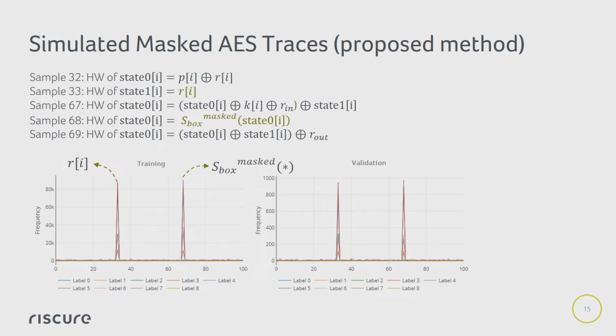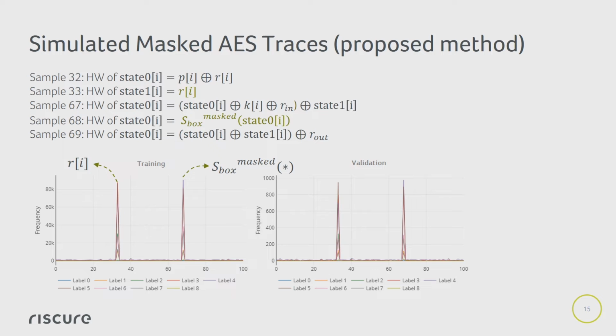Let's say this is a masked AES, where the mask values and the S box masked output are placed on samples 33 and 68. If you attack considering an unprotected device and do CPA, you don't get any leakage.